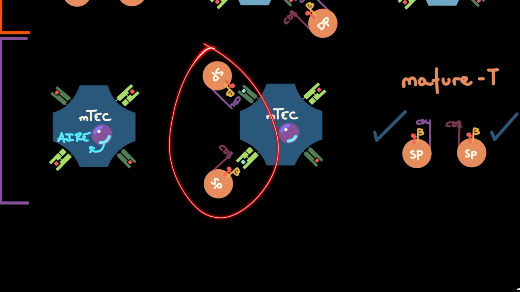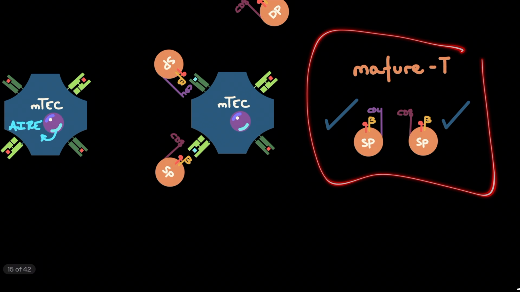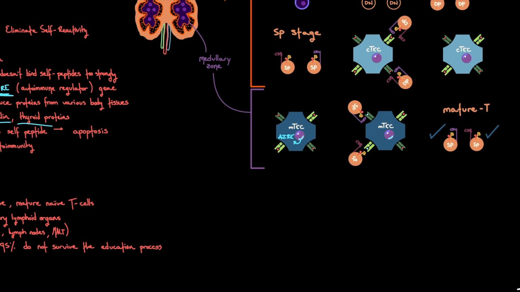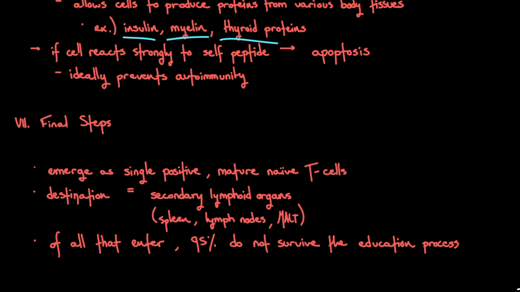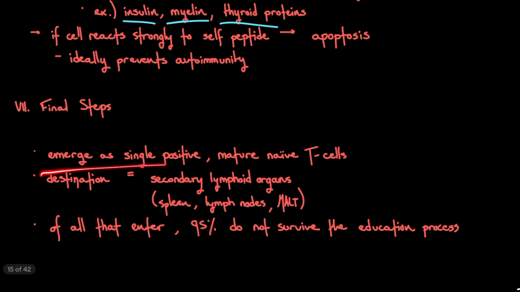Once they pass that stage, boom, now I've reached maturity. So all good to go after I've cleared that autoreactive stage. Final steps, we emerge as a single positive, mature, naive T cell.